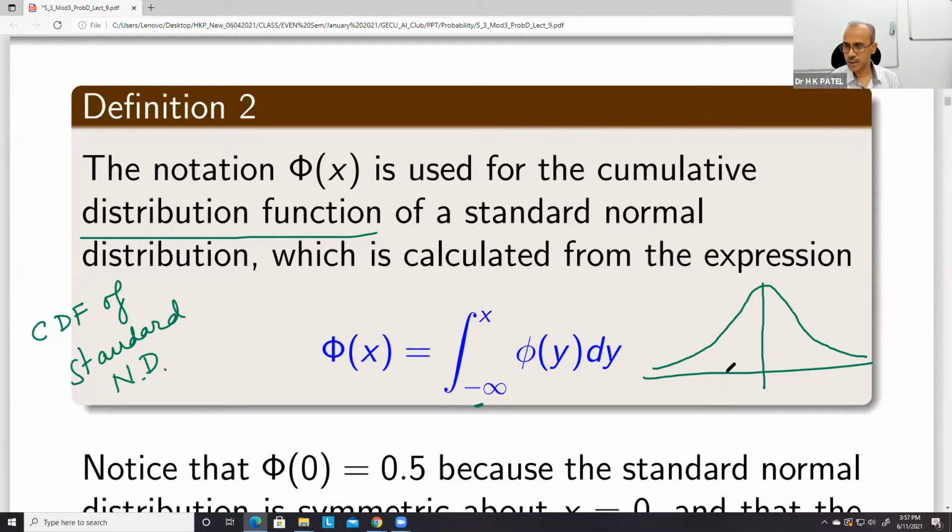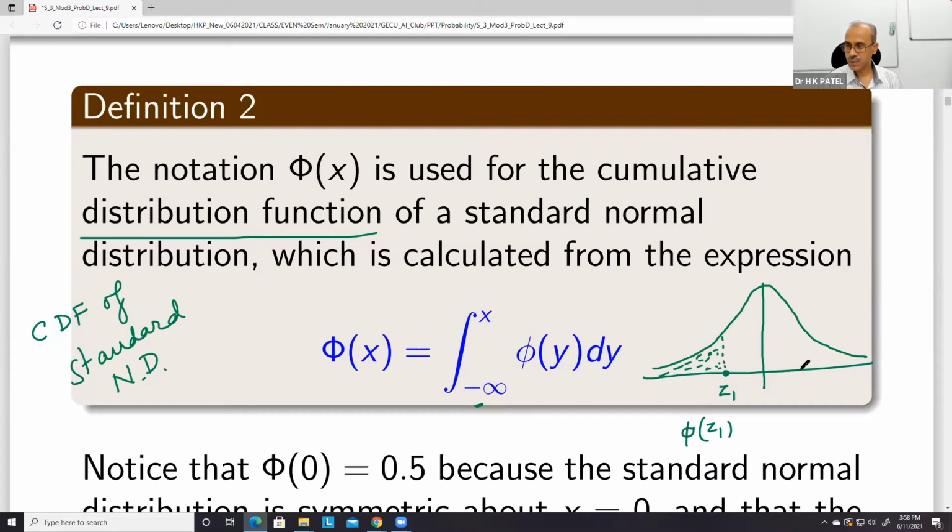So, for example, if we want to find the value at this point, say Z1, phi of Z1 will give you the area from minus infinity to Z1.